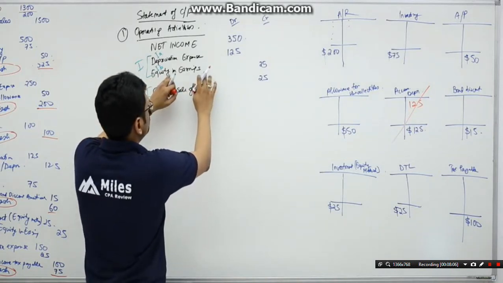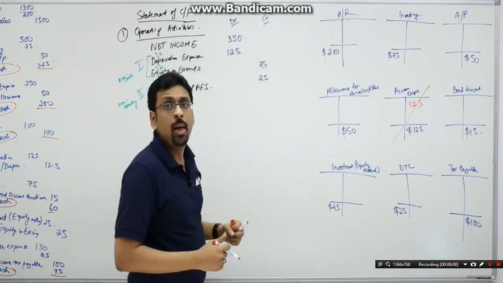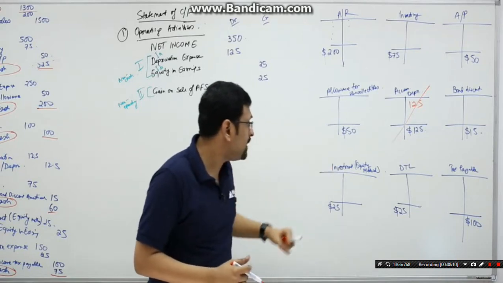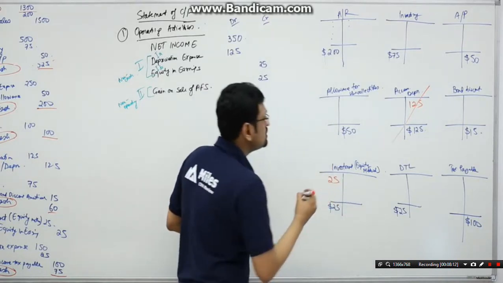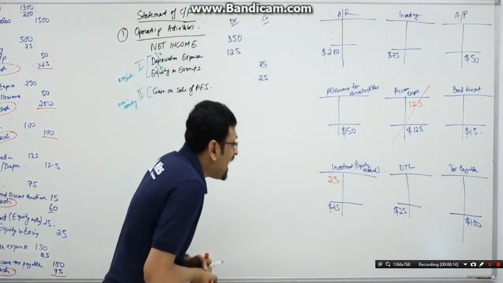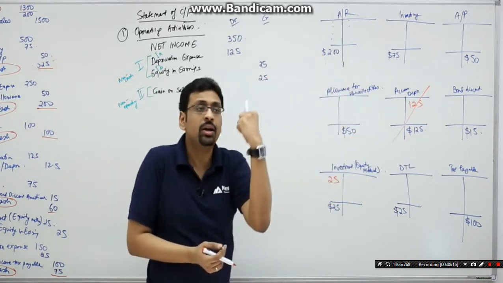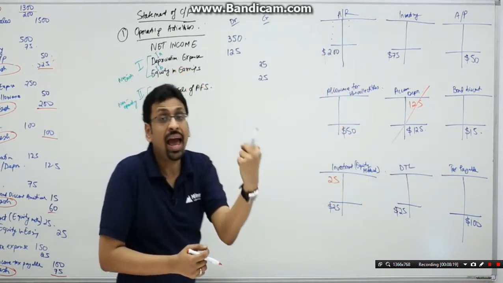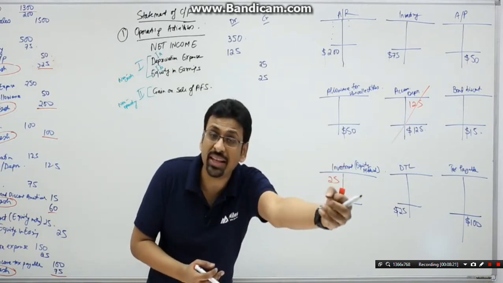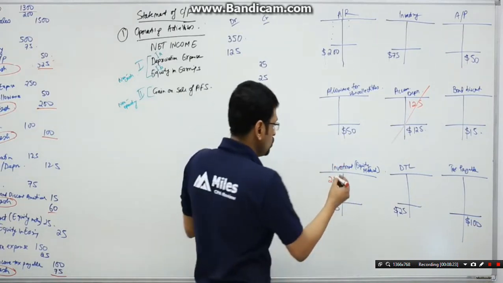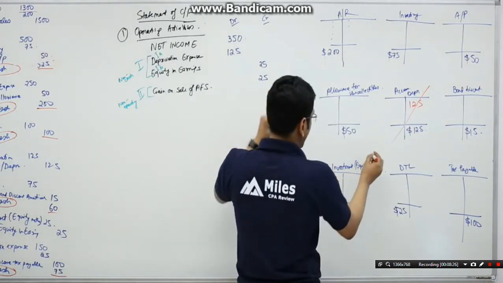Equity in earnings, that's 25. Now we know that investment under the equity method, that's increased by 25. So naturally, all the earnings that is there in equity in earnings is not collected in cash. It's earned by the investee, but cash didn't come in. So this 25 debit becomes a 25 credit here.